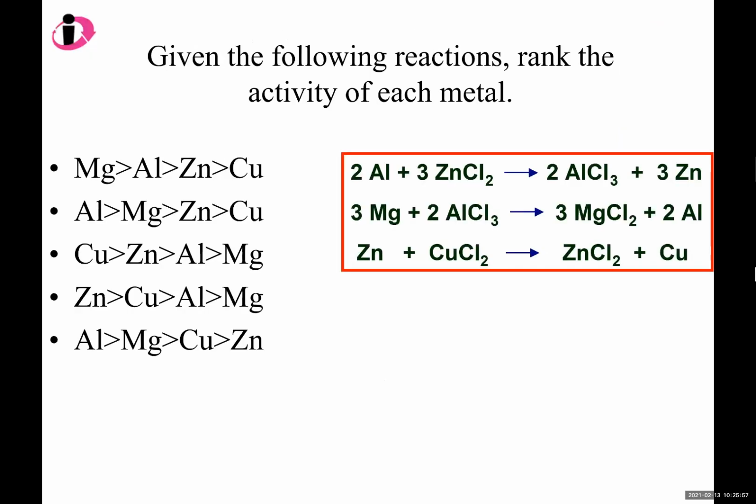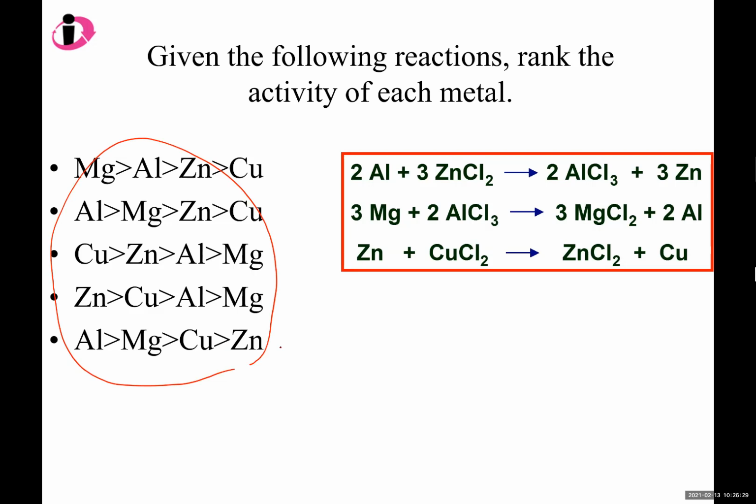All right. Now, these three reactions which are shown on the right-hand side, these are happening. Now, we want you to compare the activity of these metals and come up with one equation which is correct. Which one of these five equations are correct? That's the question we're asking.